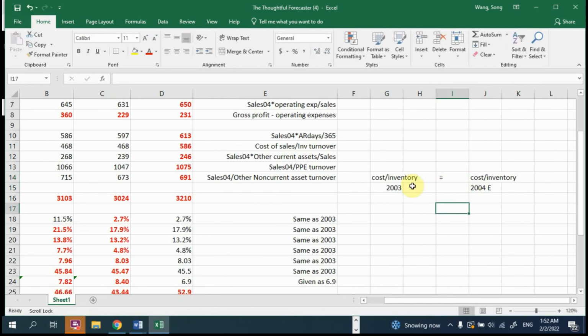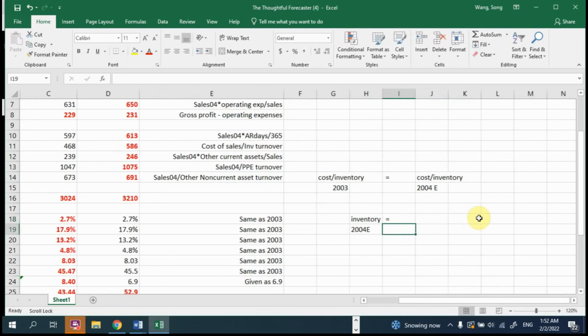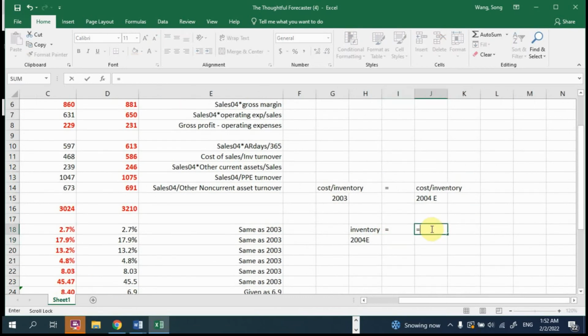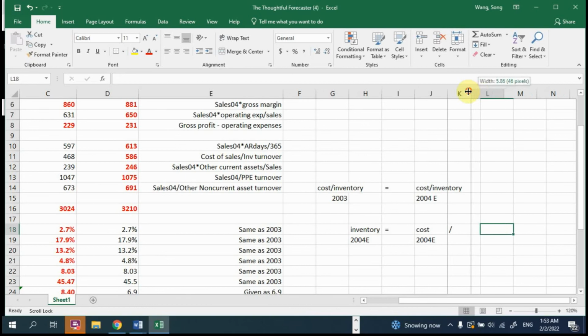So the inventory of 2004E would be the cost in this year, 2004E, divided by this ratio of last year.